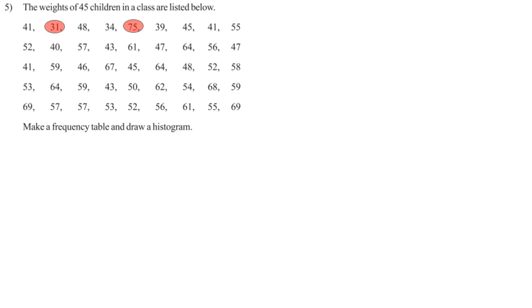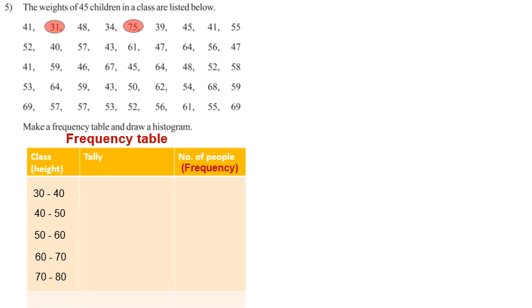So let us start classes from 30 to 80 with class interval 10. Okay. Then make a frequency table like this and write classes like 30 to 40, 40 to 50, 50 to 60, 60 to 70 and 70 to 80.